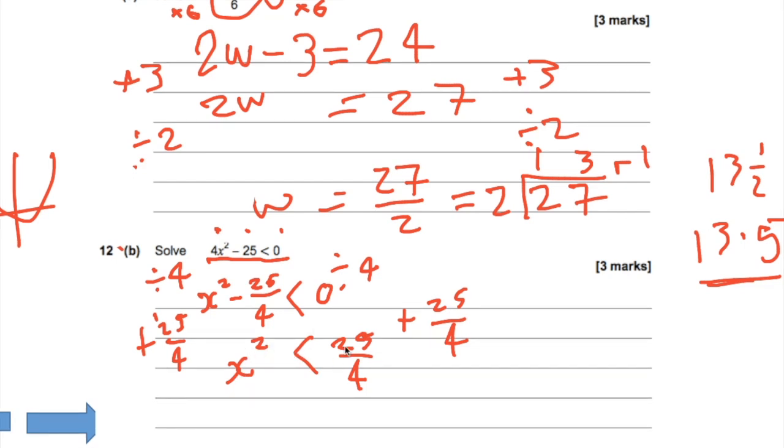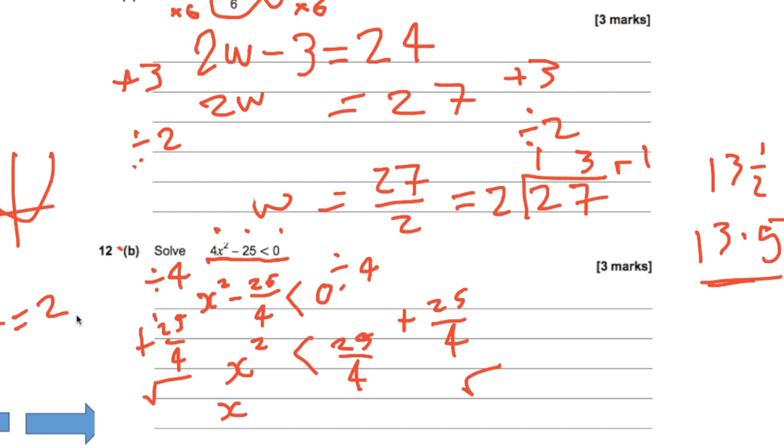x squared is less than 25 over 4, so now we can square root both sides. The square root of x squared is x, just like the square root of 4 is 2, or plus or minus 2 really.